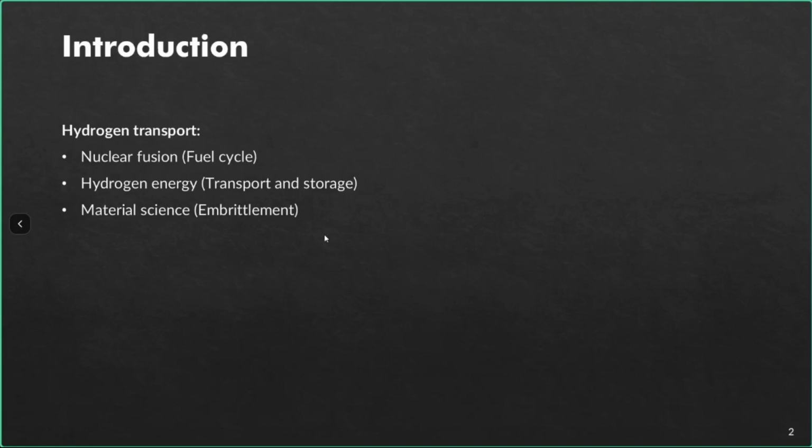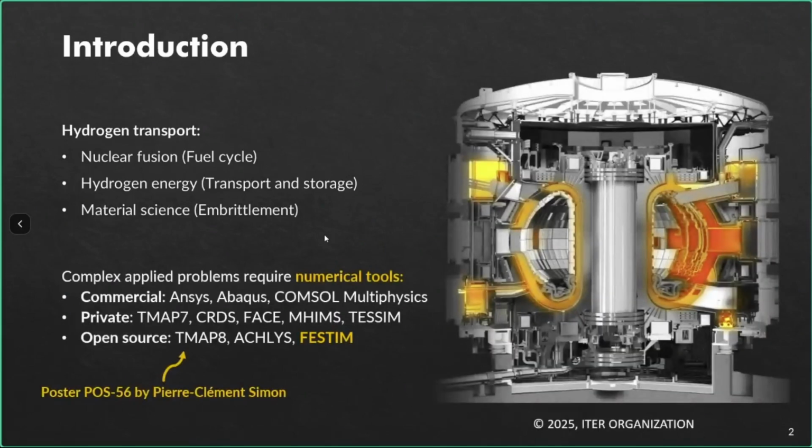And in general, when we face a real applied problem, we end up with some numerical tools to simulate the hydrogen transport in different parts, for example, the first wall of a device. There are a couple of different simulation packages, starting from very good commercial ones, and some private ones developed in separate laboratories.